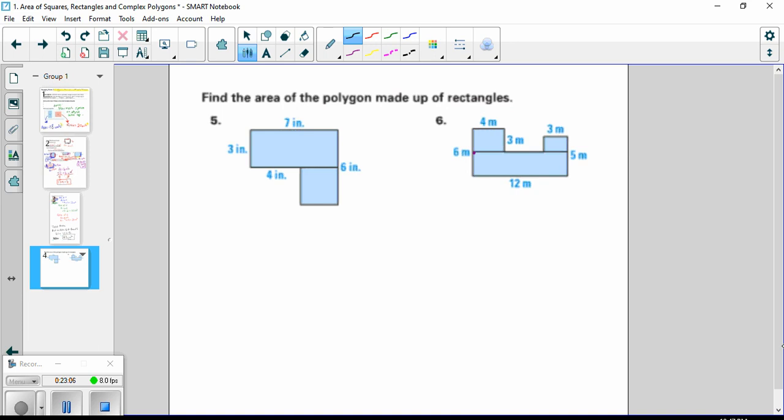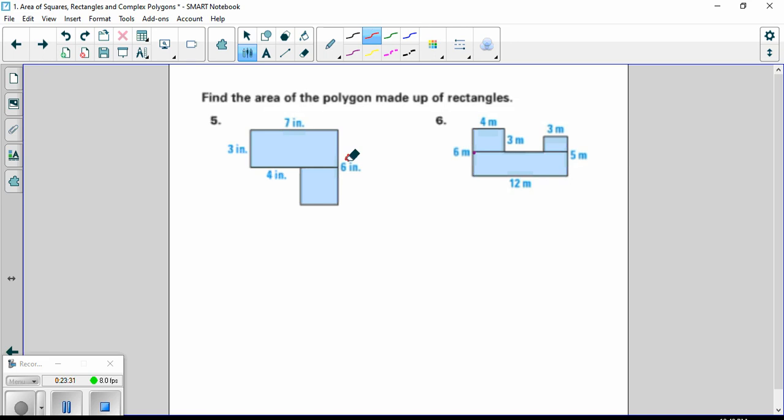Okay. These next two problems are for you to try. They're complex polygons, so you're going to need to find the area of each individual shape and then combine the areas. For number 5, you should find 2 areas and then add those results together.